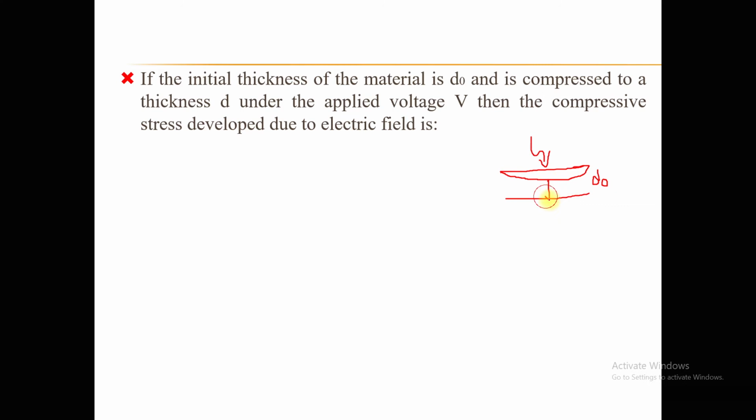Suppose this is the thickness of the solid dielectric under the application of the high voltage stress. The compressive stress developed due to this electric field is given by F equals 1 by 2 epsilon 0 epsilon r V square upon d square.